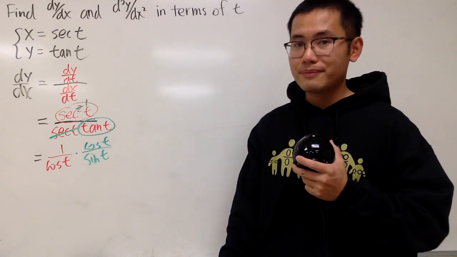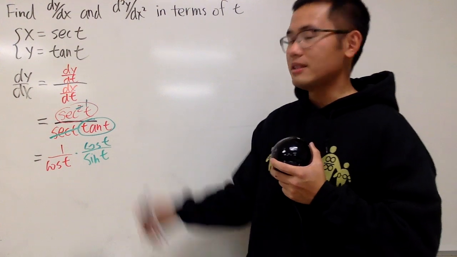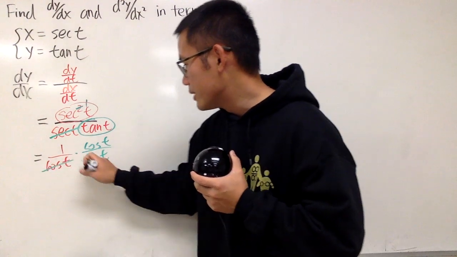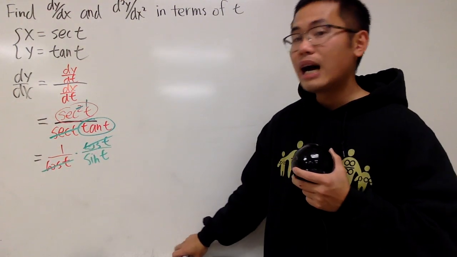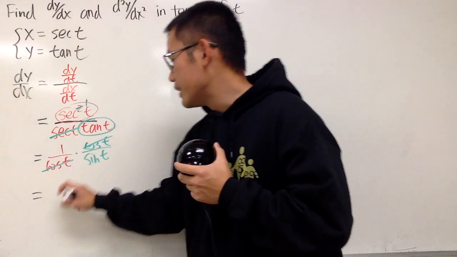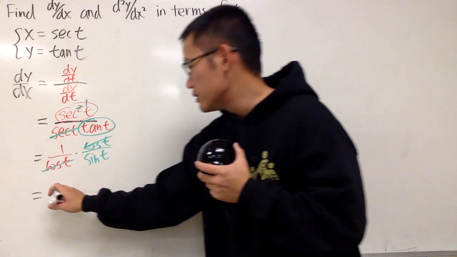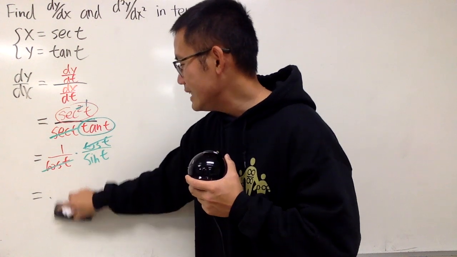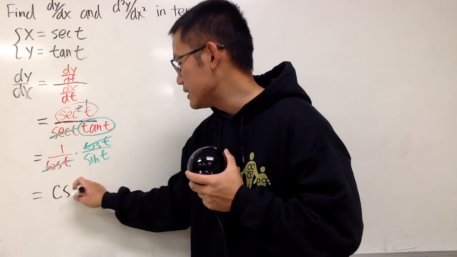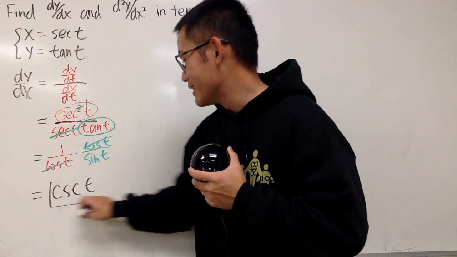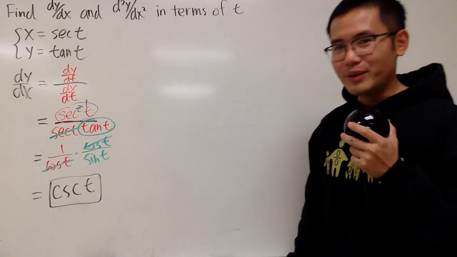Can we do it like that? Yeah, because tangent t on the bottom is the same as that. When you do this, you can cancel this and that out. All in all, we get 1 over sine t, which is, of course, cosecant t. So that's it for the dy/dx.